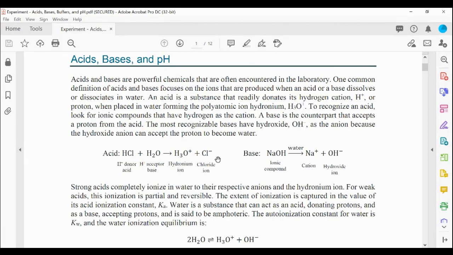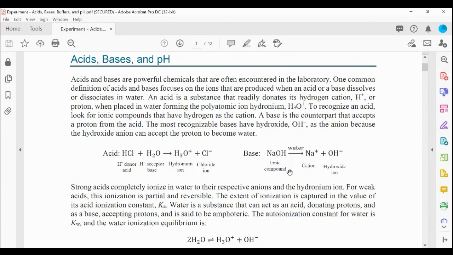How do we recognize a base? Here, the easiest bases to recognize are the ones that have hydroxide, OH. This is an ionic compound, sodium hydroxide. And how do we know it is a base? Because, first of all, it has a hydroxide group as the anion, OH minus.